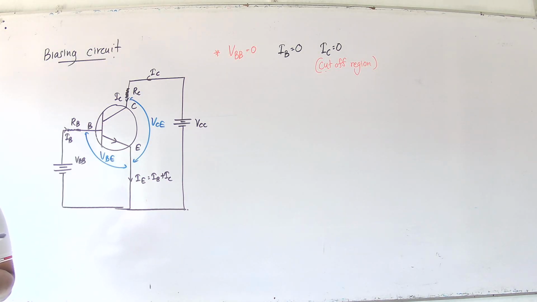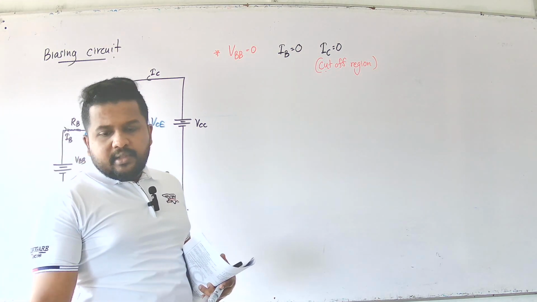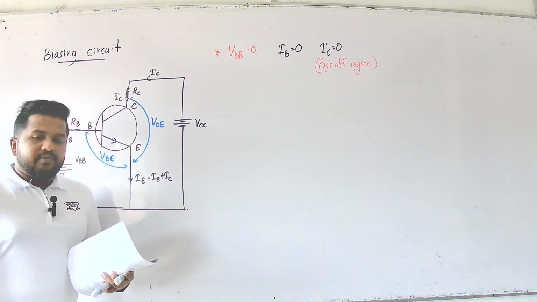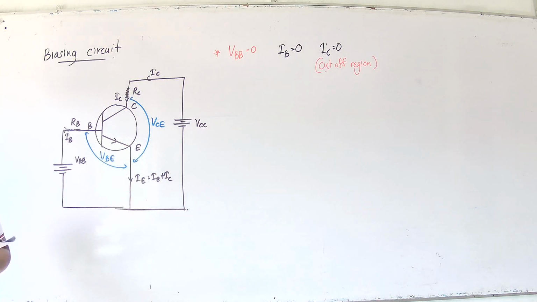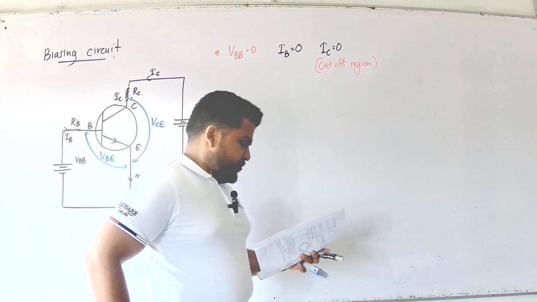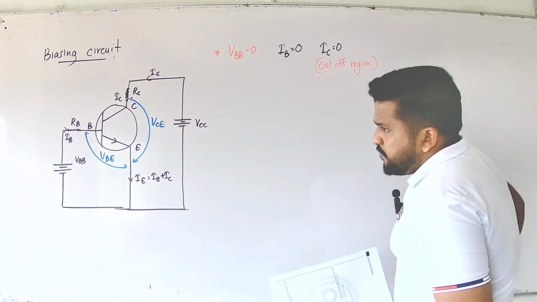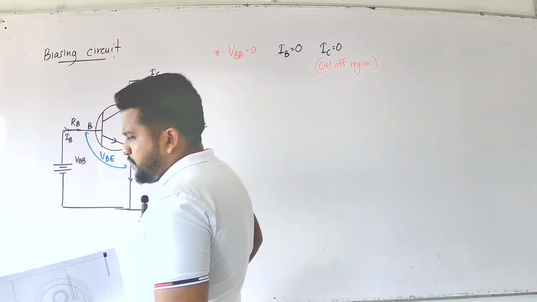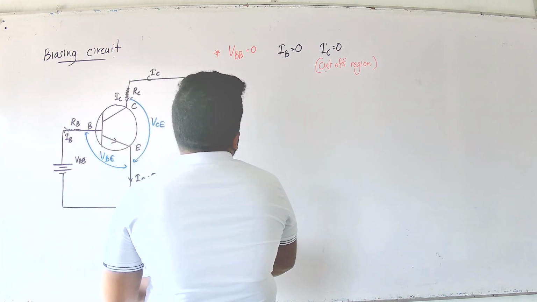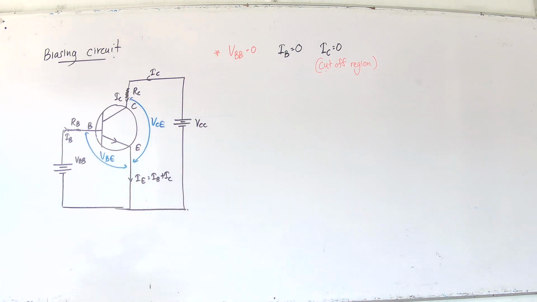Therefore, the transistor is in cutoff region. IB equals 0 and IC equals 0.